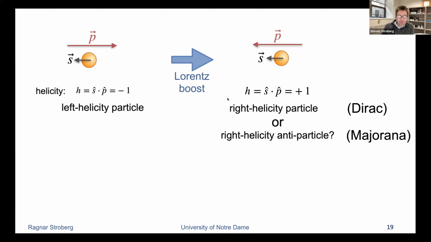So you just go to a different frame so that the momentum direction changes. Now spin and momentum are pointing in the same direction. So now you turned a left helicity particle into a right helicity particle. And this can happen if you have something with a Dirac mass. Or maybe now it becomes its antiparticle. But in any case, being able to boost to change the momentum requires that you have mass. So the fact that neutrinos have mass means you can think about this question.